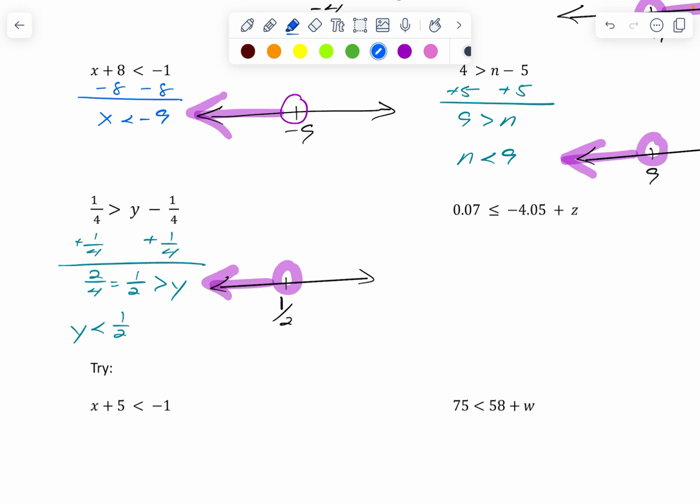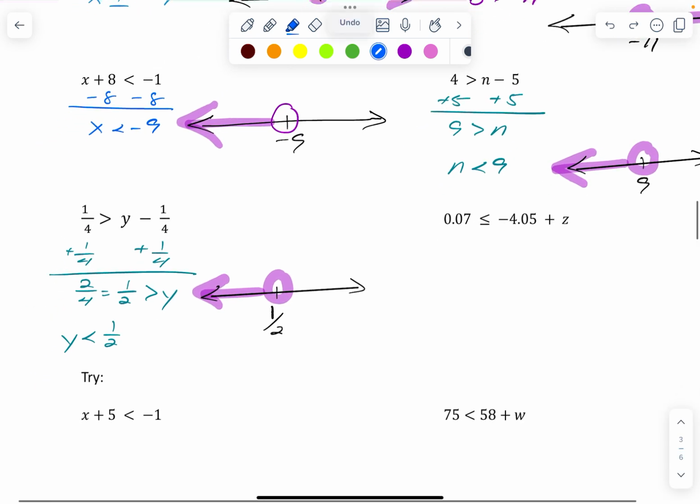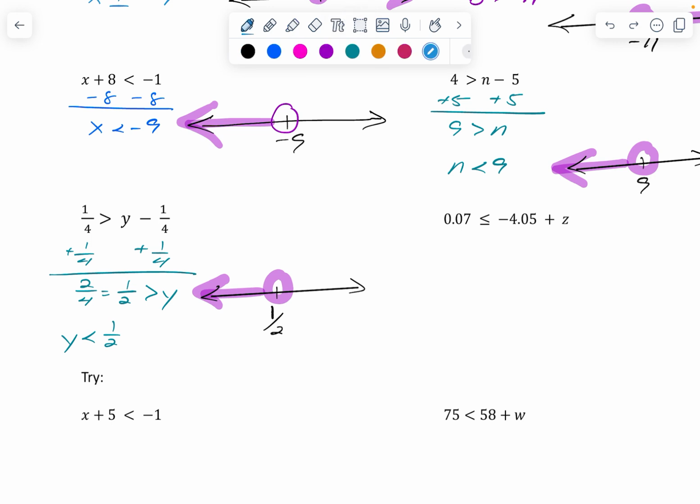Next we have decimals. We're not afraid of decimals either. And we're going to add 4.05 to both sides, which is going to give me 4.12 less than or equal to z.